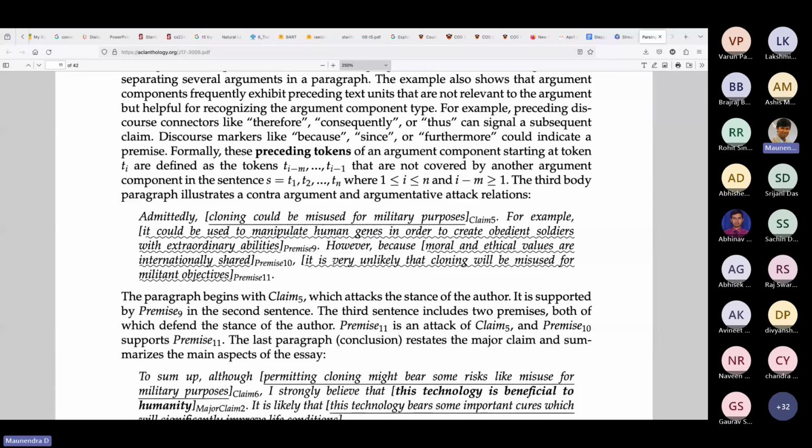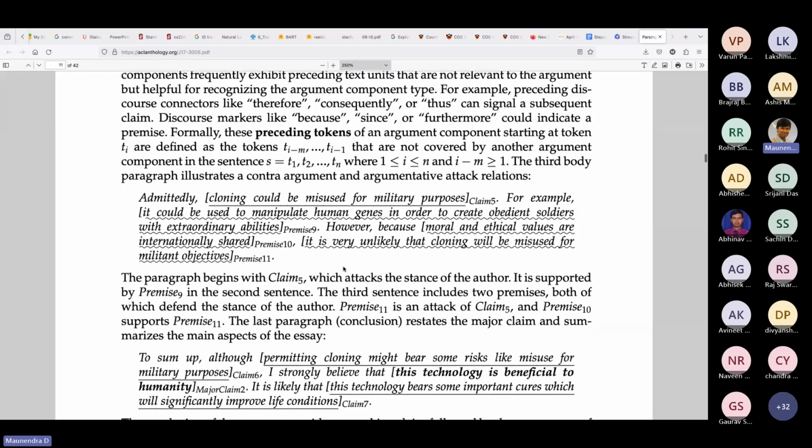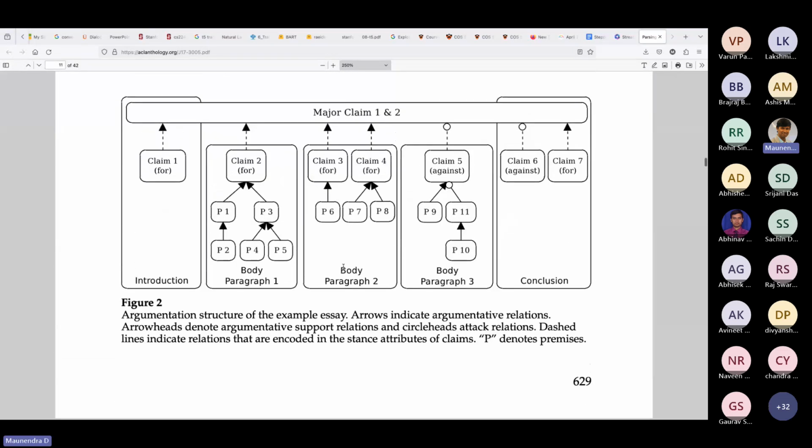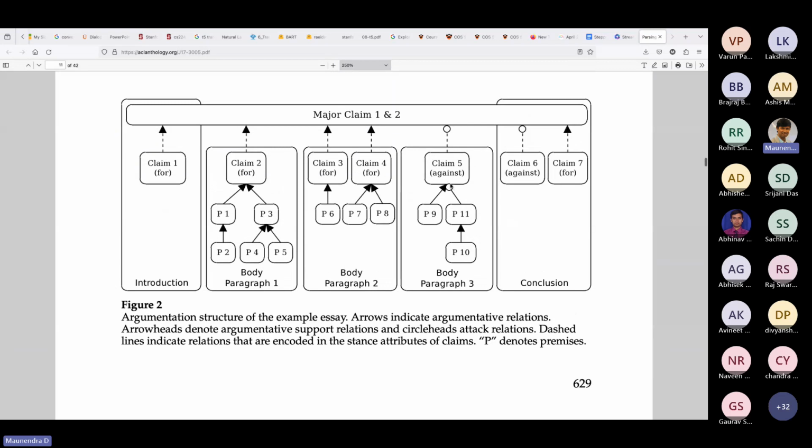However, because moral and ethical values are internationally shared, it is very unlikely that cloning will be misused for militant objectives. So the claim said it could be misused, and now it is saying that it is very unlikely that it will be misused. So this is trying to disagree with or refute the claim. So we see that claim 5 is refuted, this blank circle, by premise 11.